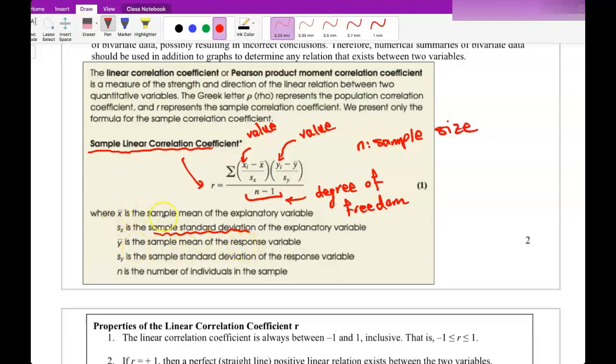So x bar is the sample mean for the explanatory variable, and y bar is the sample mean for the response variable. Same thing for sample standard deviation: sx is for explanatory and sy is for response. And we already know that n is the sample size, or number of individuals in the sample.